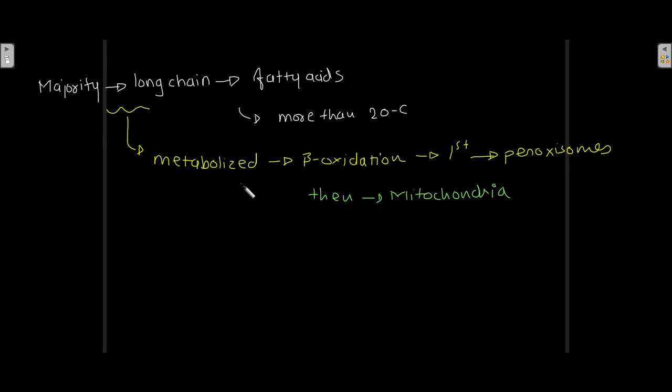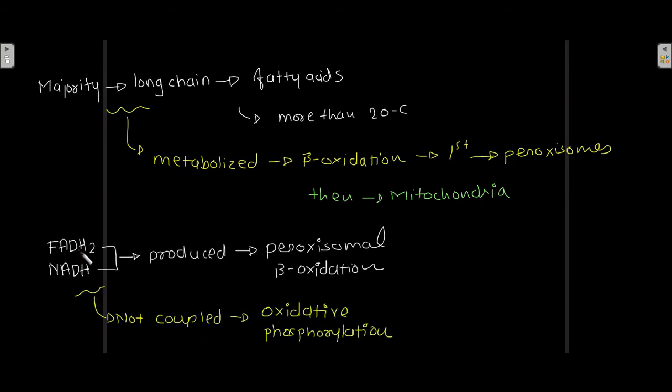So the beta oxidation of long chain fatty acids first happens in peroxisomes, and whatever is leftover is then oxidized in mitochondria. First in peroxisome, then in mitochondria.